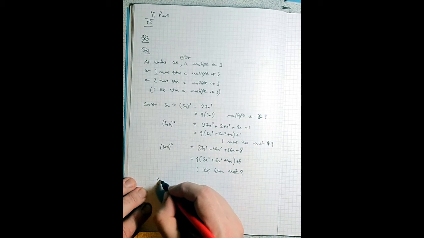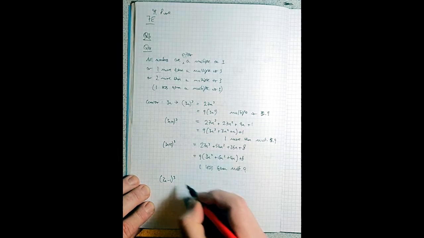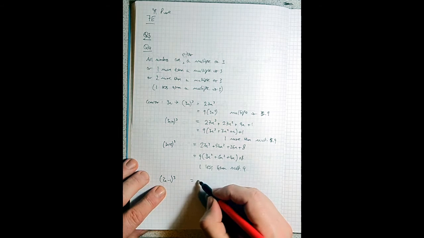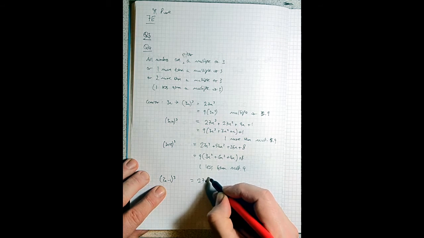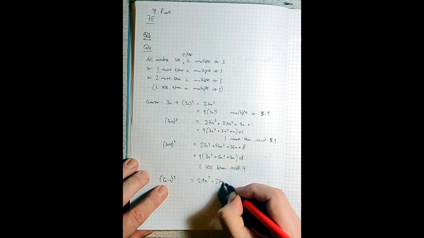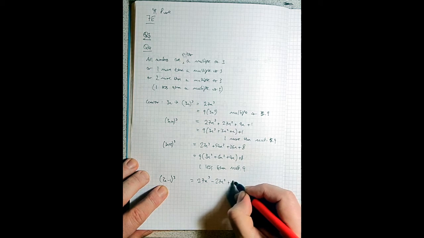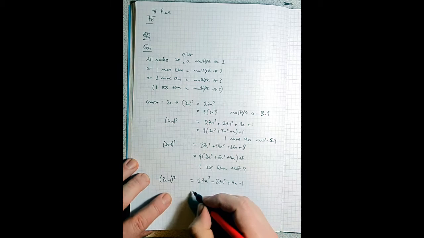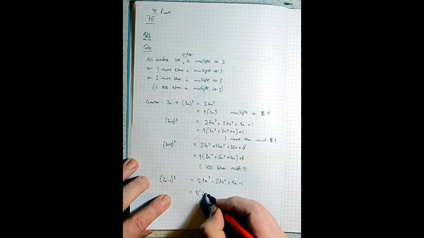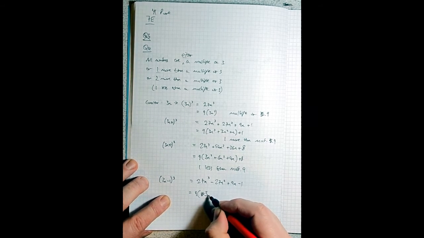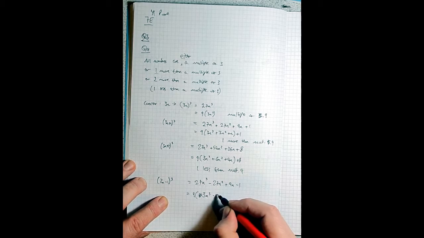If I'd chosen 3n minus 1 cubed, 27n cubed minus 27n squared plus 9n minus 1. And if I take out my 9 again, can't talk and work at the same time.